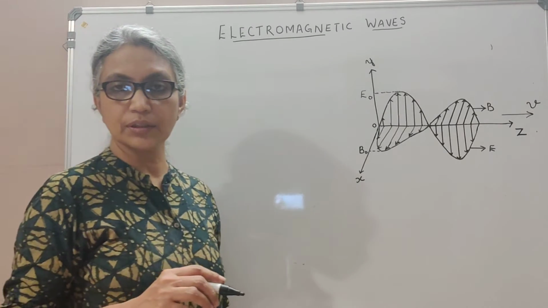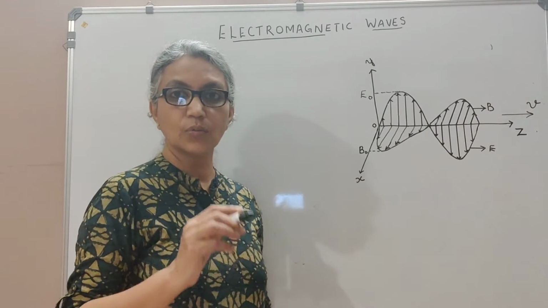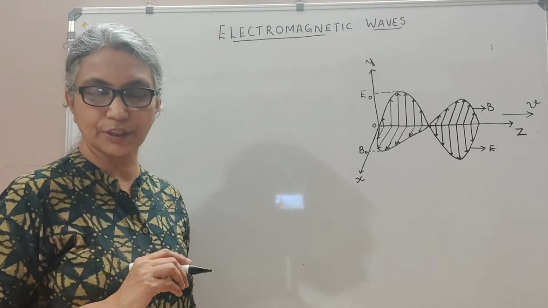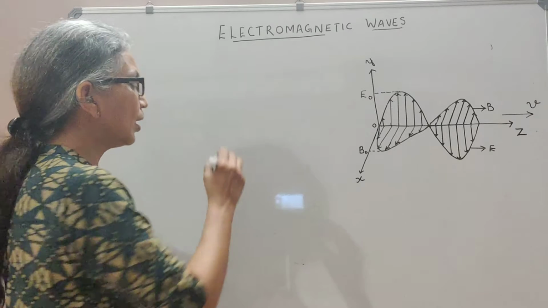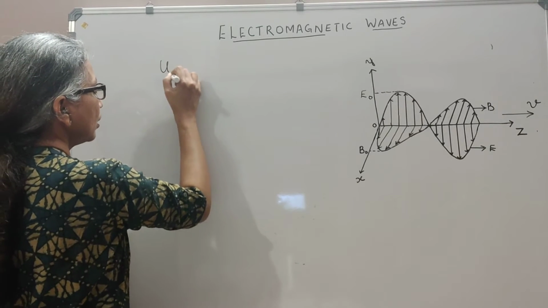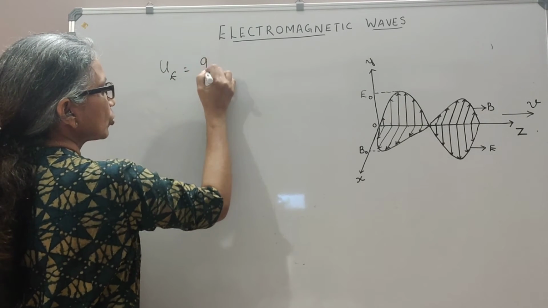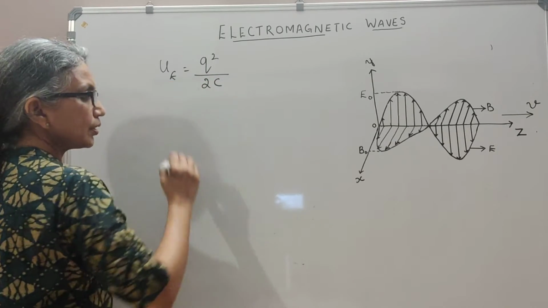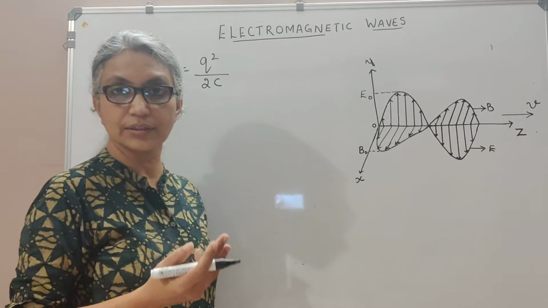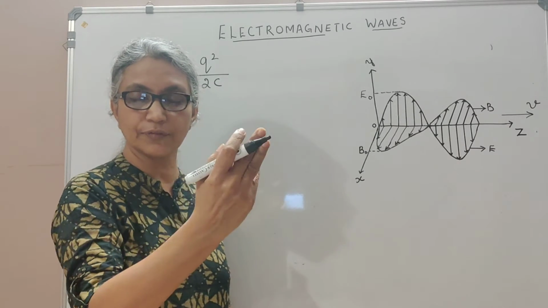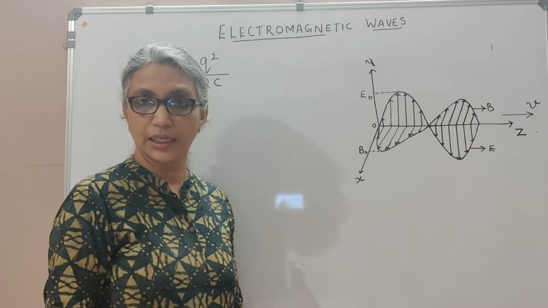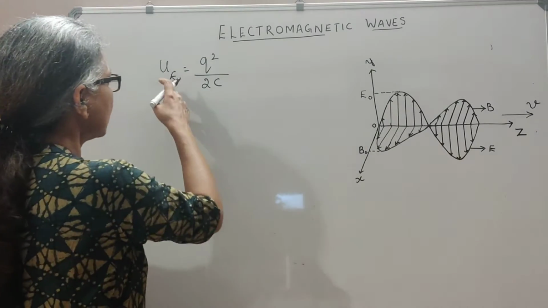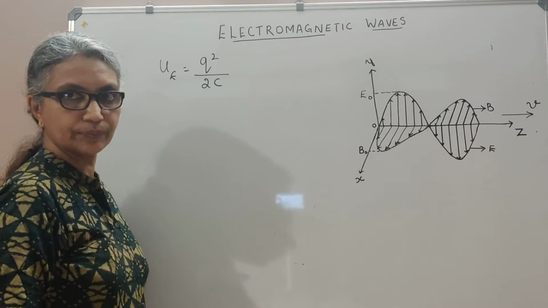See, in the second chapter, when we did capacitors, we derived an expression for the energy stored in a capacitor as UE equal to Q square by 2C. Now this I call UE because it is electrical energy. Since between the plates of the capacitor, what we have is an electric field, and the energy stored in this is called the electric energy, Q square by 2C.